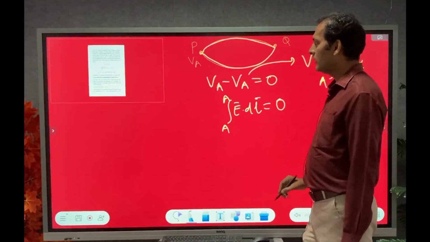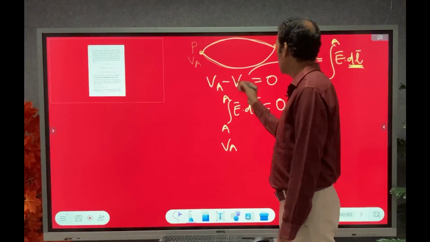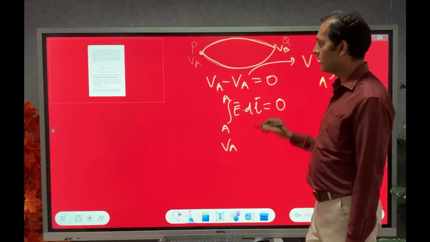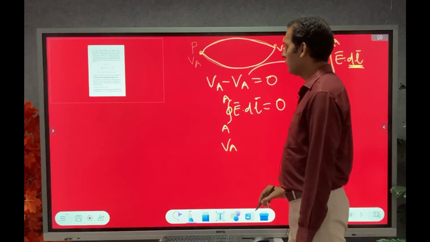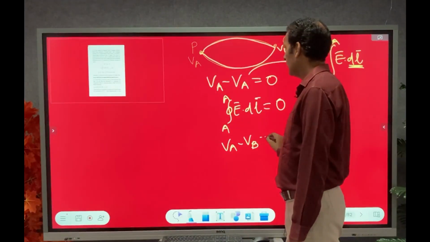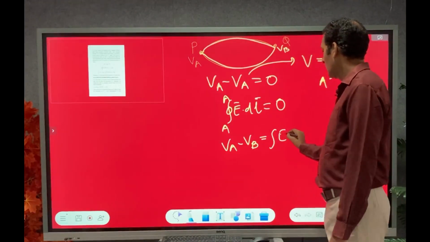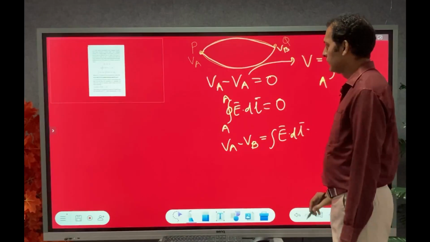So this is nothing but VA. Suppose there is VA, this point is some VB. If we are using it in a circular line, so what we can say? We can say VA minus VB is equal to integral of E bar dot dl bar, right?